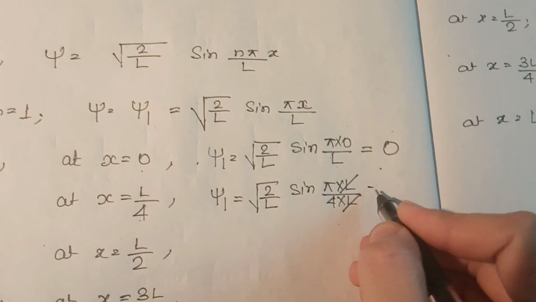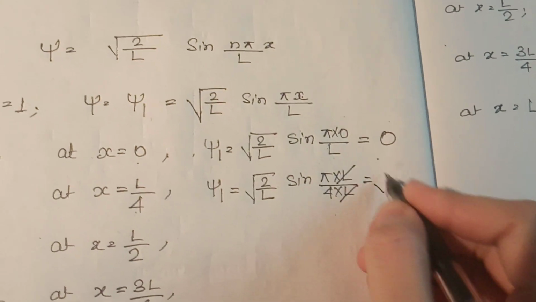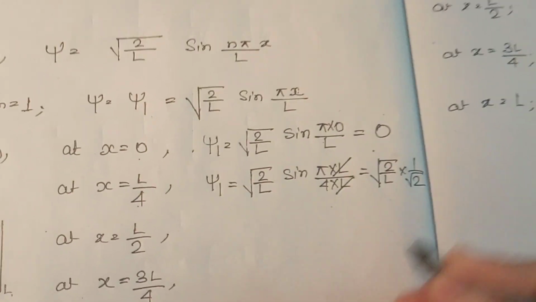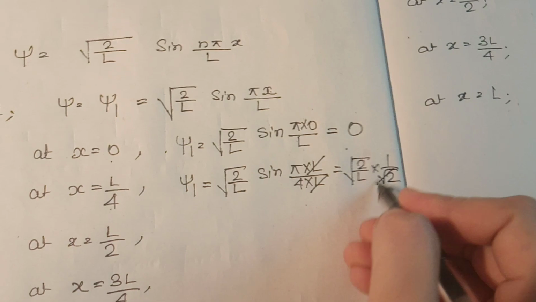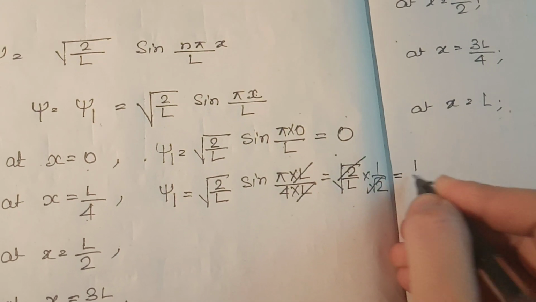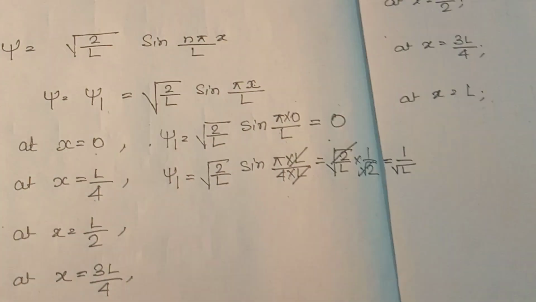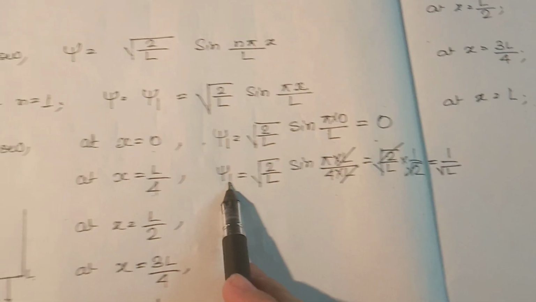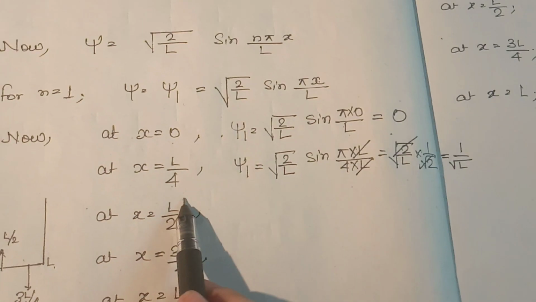And the value of sine 45 degree is 1 by root 2. So root 2 will cancel out and the value will come 1 by square root of L. This is the value of psi 1 at the L by 4th position.